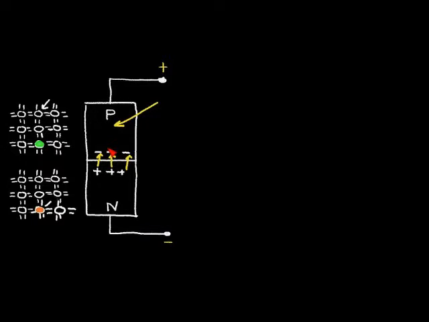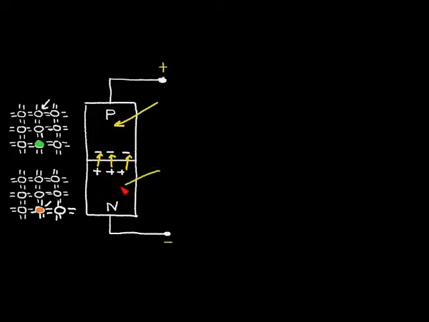But if an electron enters this electric field region from the P region, this electron will be pushed down by this electric field, and it'll be pushed into the N region.